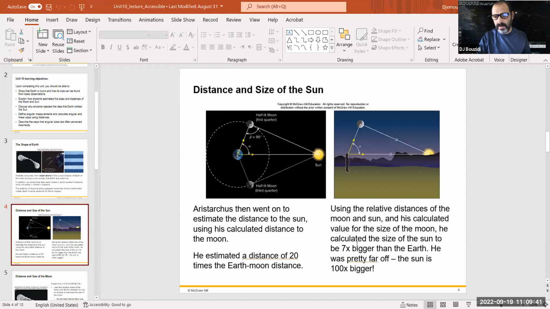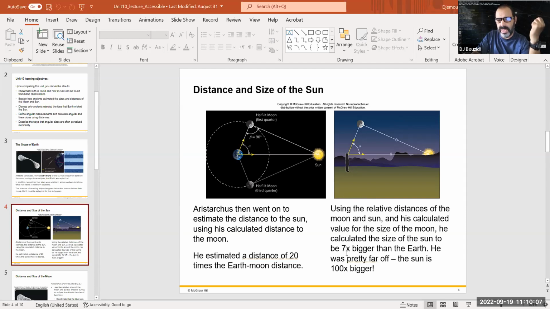The other estimate was for how big the sun is compared to the Earth, okay? His number came out to be about 7 times bigger. But today we know the radius of the Earth is about 6,400 kilometers, and the radius of the sun is about 700,000 kilometers, 698,000 kilometers. So the sun is actually slightly more than 100 times bigger.